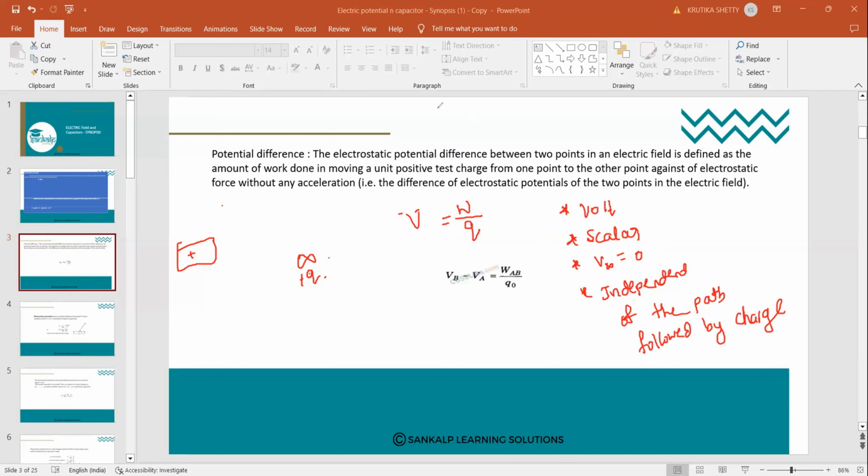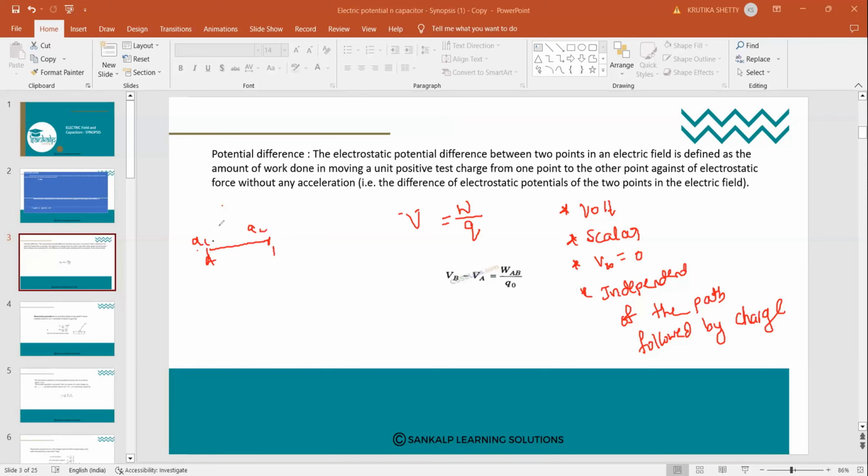Then next we have the potential difference. So what is this potential difference? Suppose you consider a system consisting of two charges. Here I have one charge and here I have the other charge.